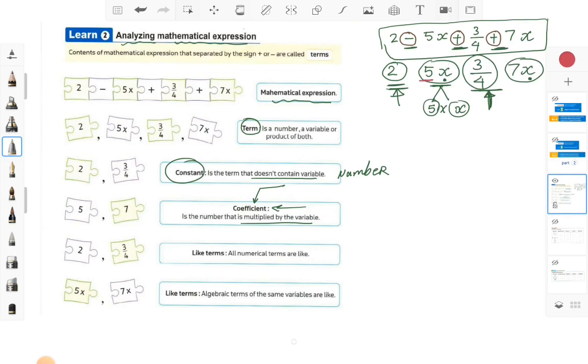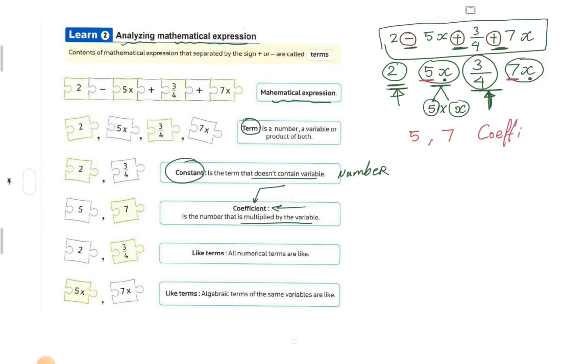We have 5 and 7. So 5 and 7 are called what? Called coefficients. Why do I call them coefficients? Because 5 is multiplied by the variable x and 7 by x.